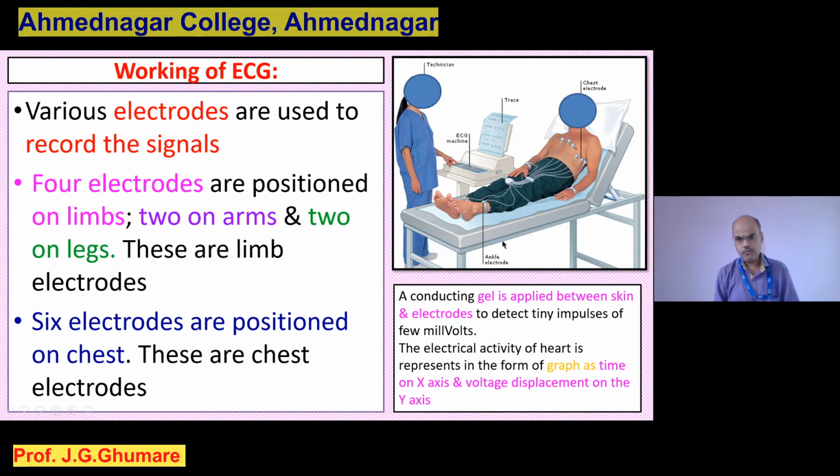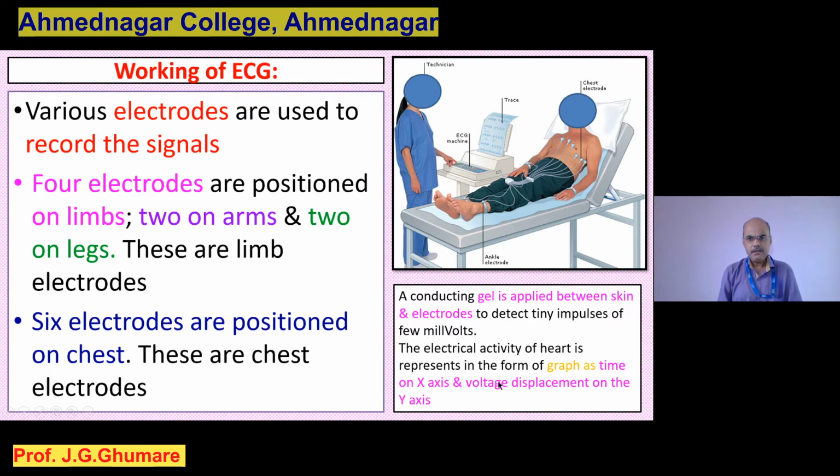Two more points that need to be added here. The electric gel is applied between the skin and those electrodes. This is to detect any tiny impulse that is produced in a millivolt. And the graph will include time on the x-axis and voltage displacement on the y-axis.